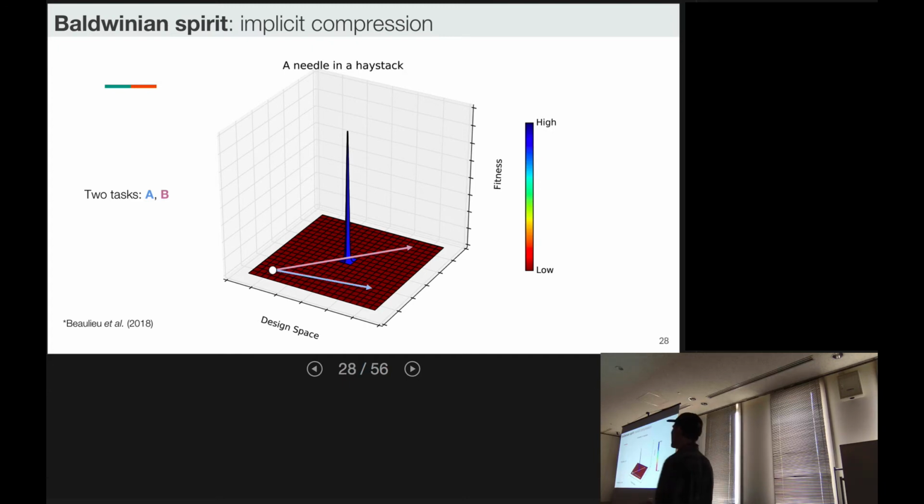See, we're moving this blue line, not moving the pink line. And because there's also an added cost to housing multiple disjoint patterns of change, there's an implicit pressure to compress these, just like there is for regular Hinton and Nowlan Baldwinian evolution. So that over time, these trajectories will converge on the same common point and Baldwinify around this global optimum.